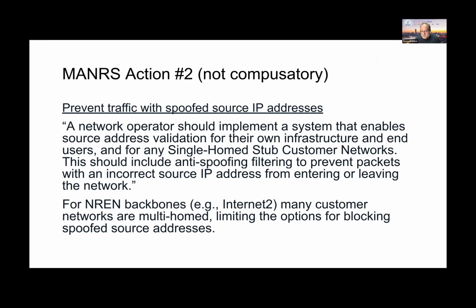So MANRS action number 2, not required: prevent traffic with spoofed source IP addresses. Network operators should implement a system that enables source address validation for their own infrastructure and end users, and for any single-homed stub customer networks. This should include anti-spoofing filters to prevent packets with an incorrect source address from entering or leaving the network.